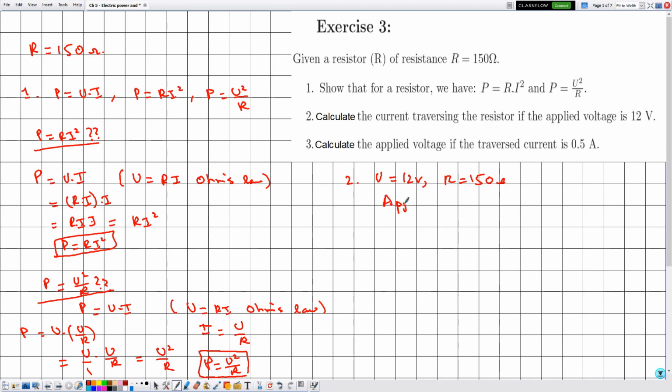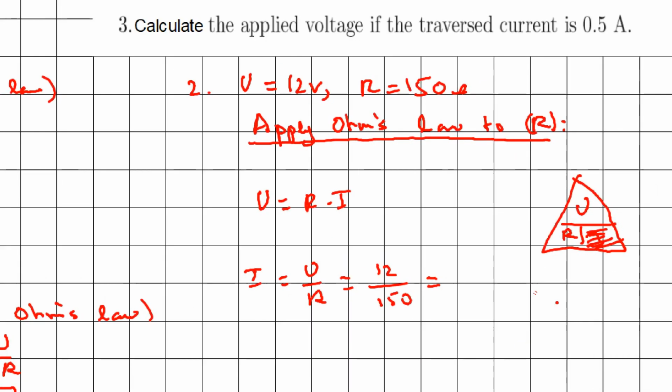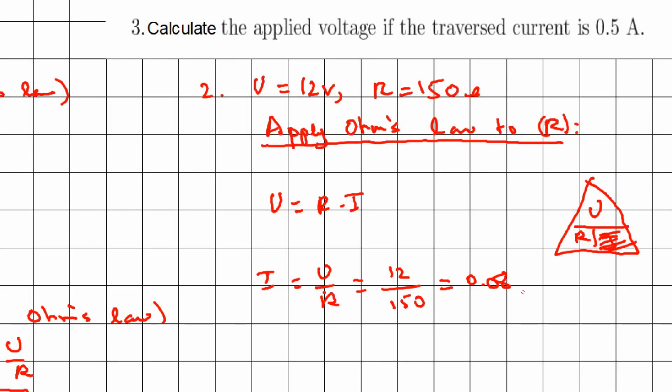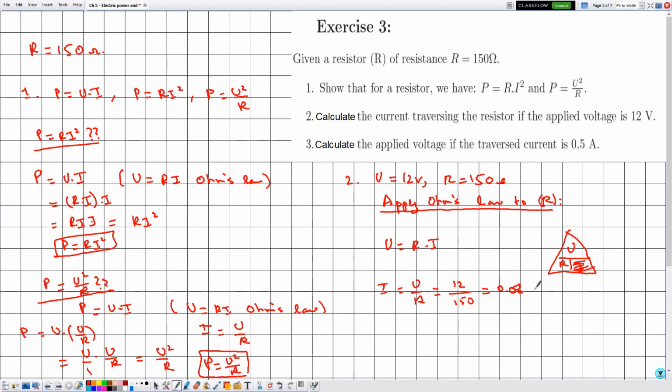Then apply Ohm's law to R. Then U is equal to R multiplied by I, constructing the triangle of this formula: U at the top, R and I at the bottom. We are interested in calculating the value of I. So I is equal to U divided by R. The value of U is 12. The value of R is 150. So plugging this on the calculator will give us 0.08. Since U is in the SI and R in the SI, the value of I will be in the SI, which is amperes.